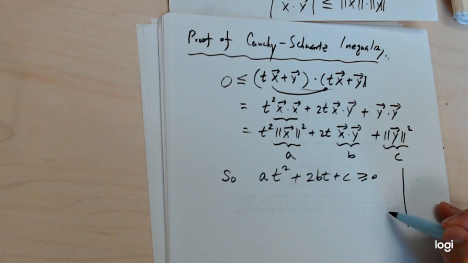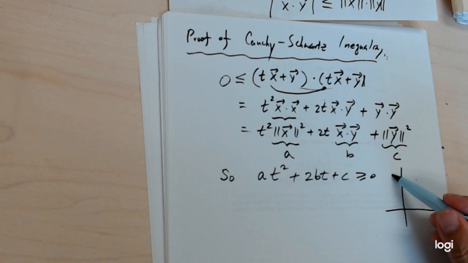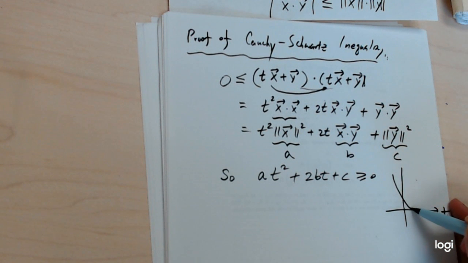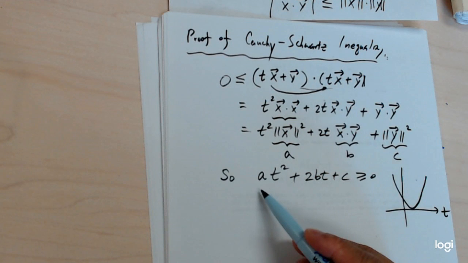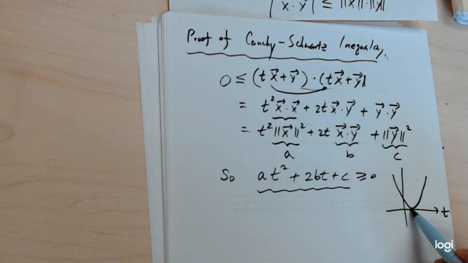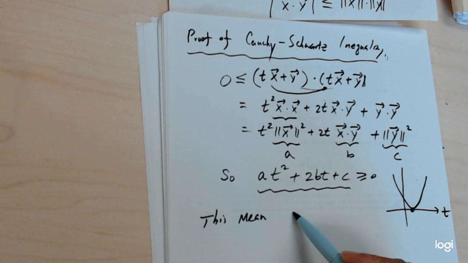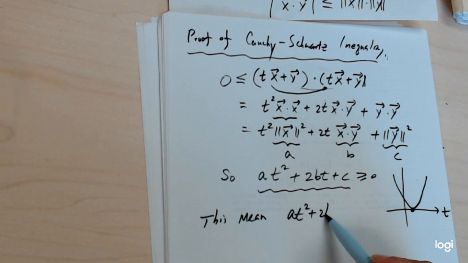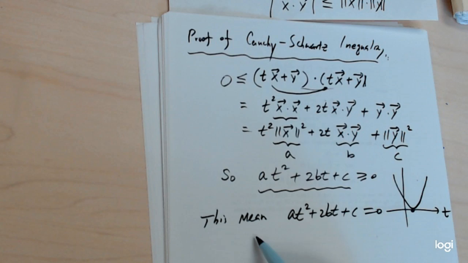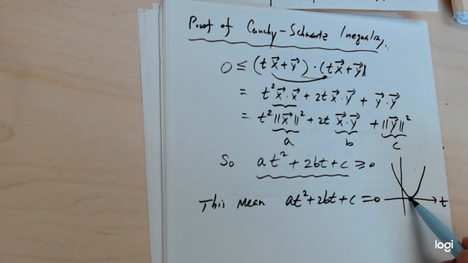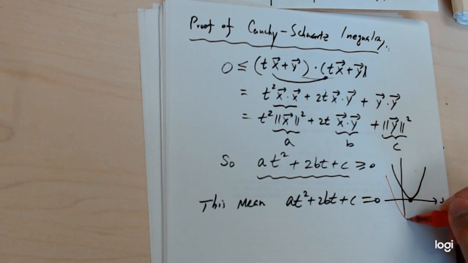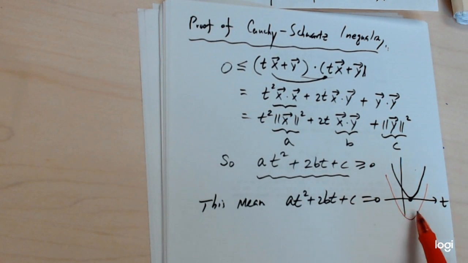Here you have a quadratic function of t that is always greater or equal to 0. So this quadratic equation has at most one real root, because otherwise if you got two, there's a chance that this turns out to be negative.